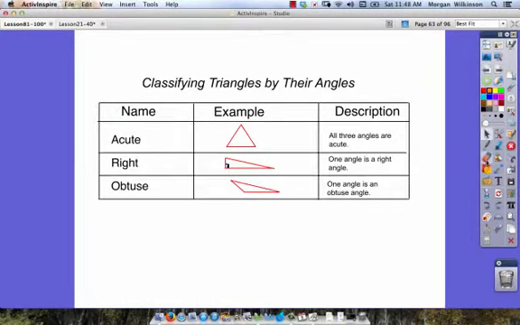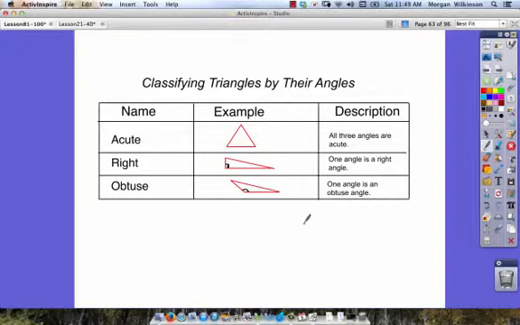So there we have the correct definition: an obtuse triangle has one angle that is an obtuse angle. Our obtuse angle right here is greater than 90 degrees. And of course, it's only possible to have one obtuse angle in any triangle, or else you wouldn't have a triangle, because it would have to have more than three sides.